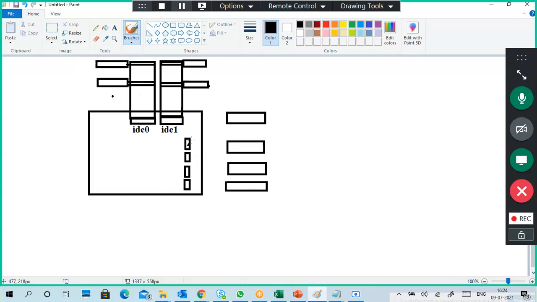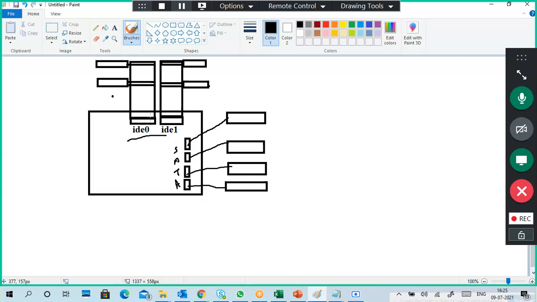Using a cable, I am connecting like this. So this is the first disk, second disk, third disk, fourth. Maximum disks, either you use IDE or you use SATA. Either you use a SATA connector or an IDE connector, it is not and, it is or only. It means your motherboard has either an IDE type interface or a SATA type interface.